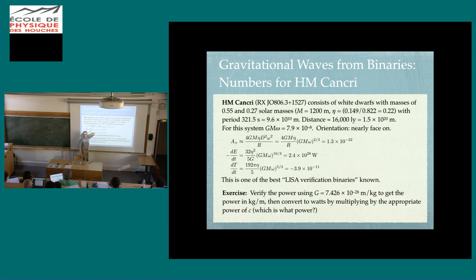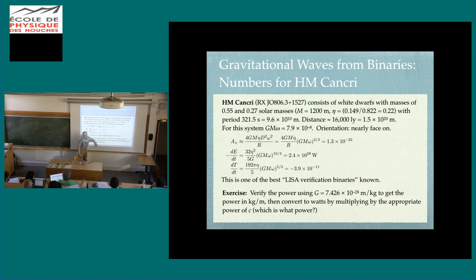That's 5,000 megaparsecs. And you can calculate the GM omega. It's like that. So the amplitude from this system is 1.3 times 10 to the minus 22. That's easy to see with LISA if you integrate over a long enough time period. LISA's noise curve will be well below that.